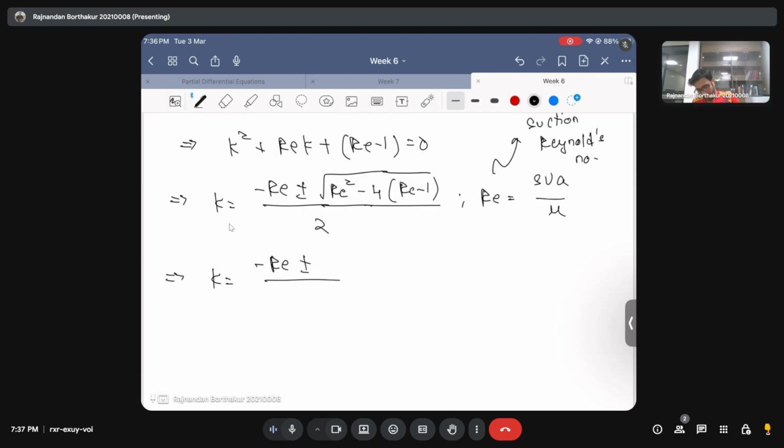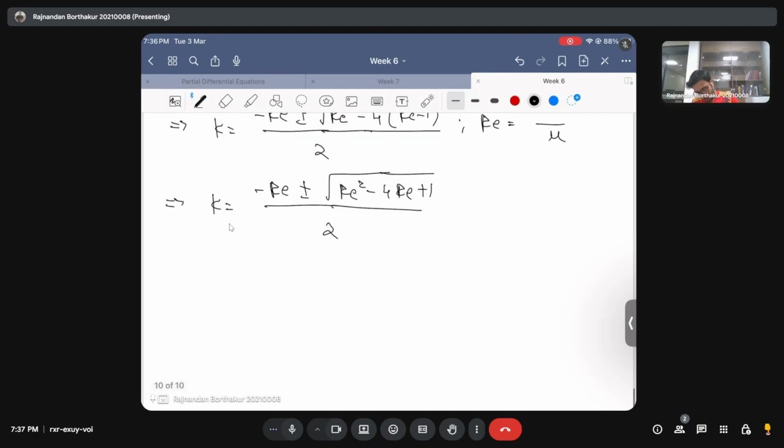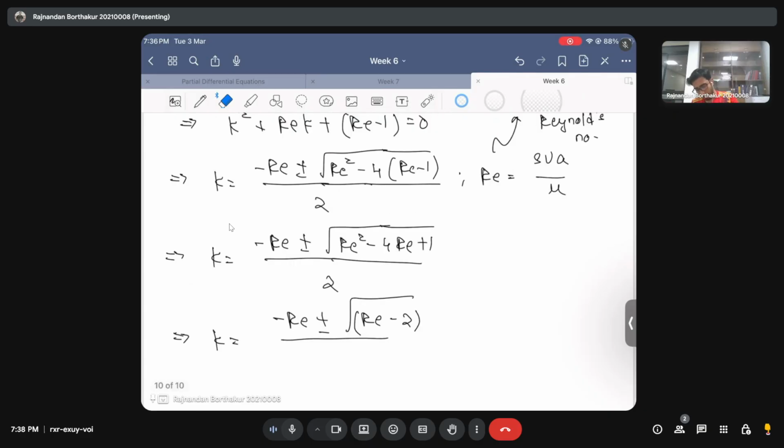Okay, so then let's simplify this. So this is square root of Re square minus 4Re plus 1, which means I can then write this in terms of a squared term. It's going to be minus Re plus minus square root of Re minus 2. Sorry, this is not 1, this is going to be 4.